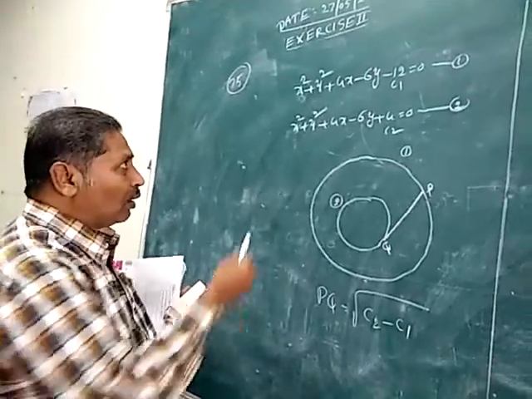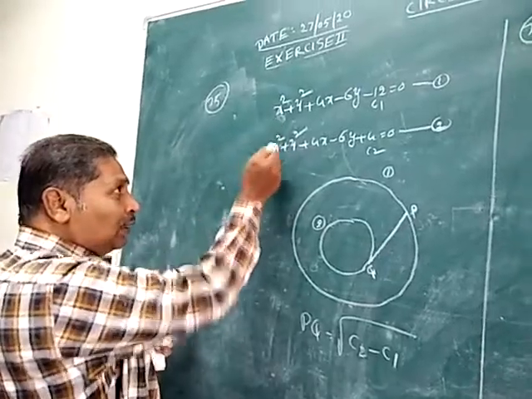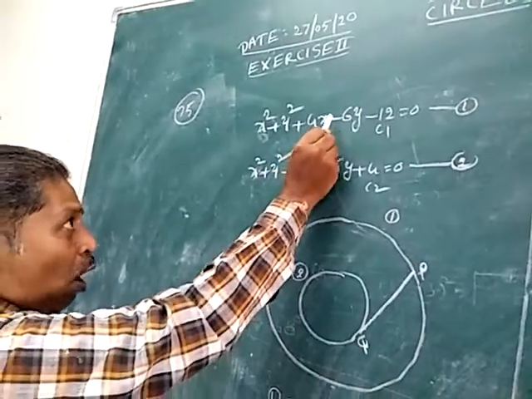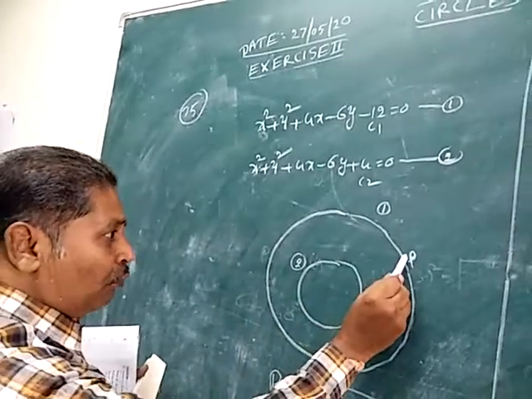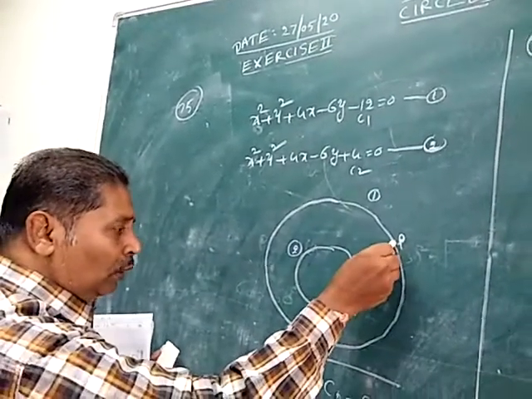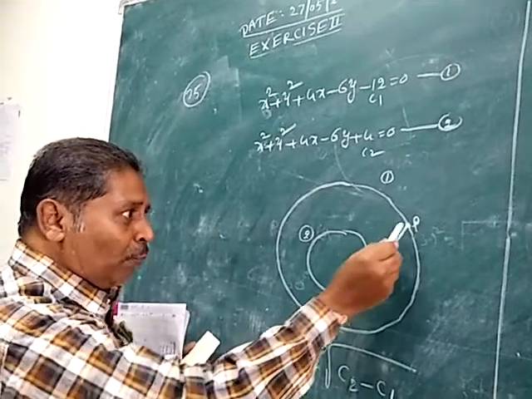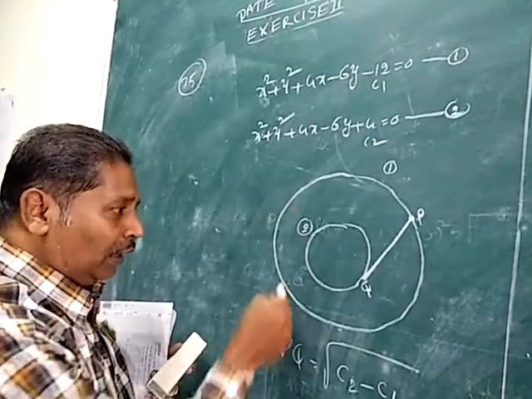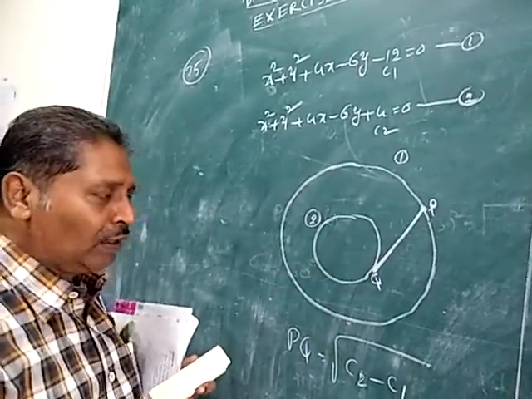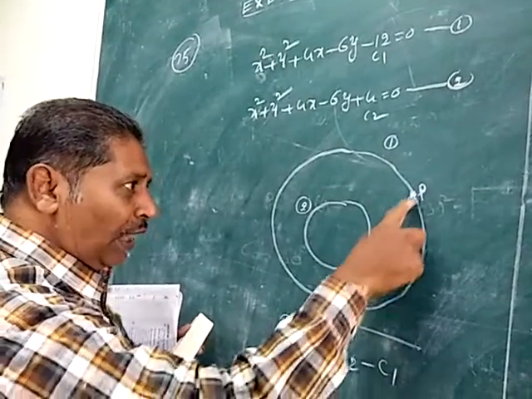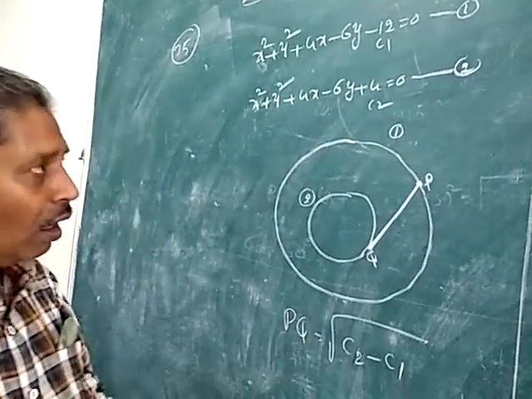Bit number 75. Given these two circles, find the length of the tangent from a point on the first circle to the second circle. In this diagram, PQ is the length of the tangent.